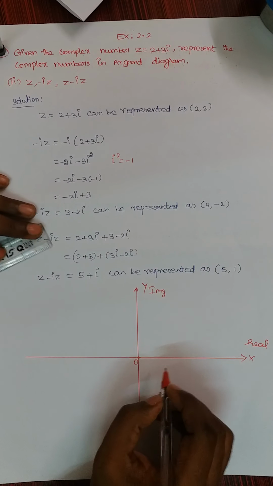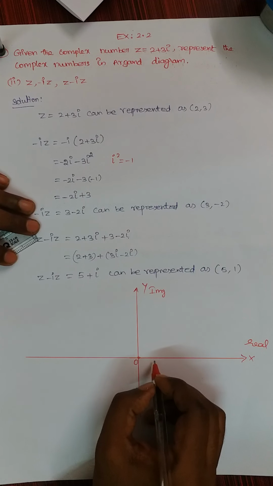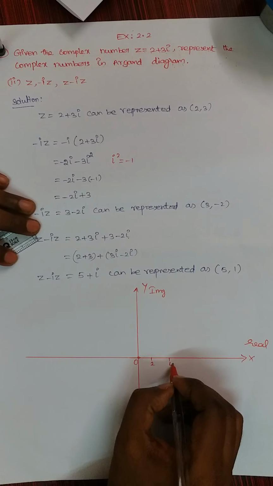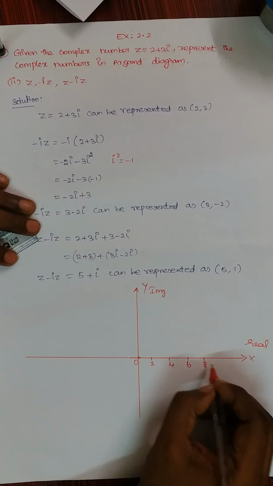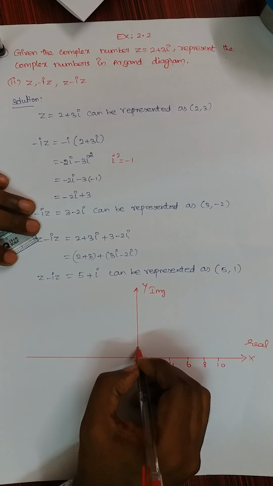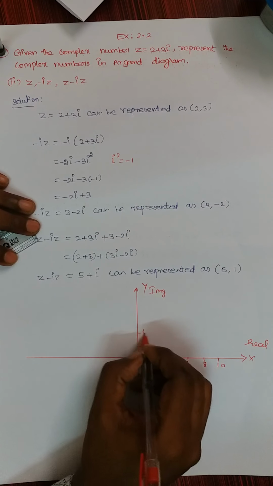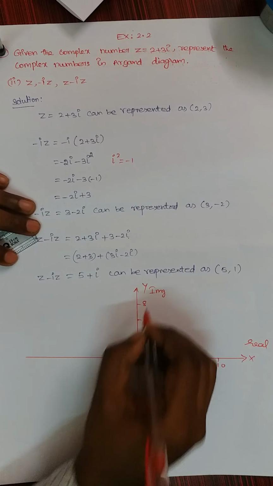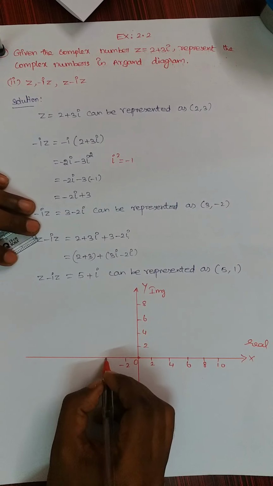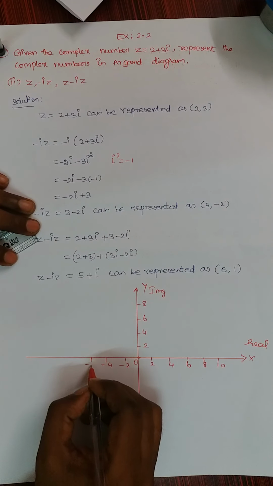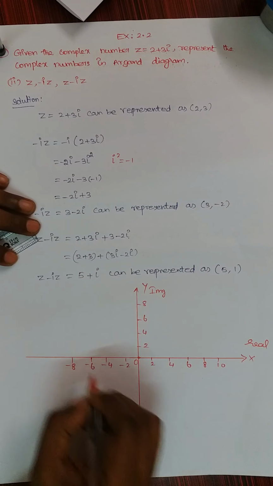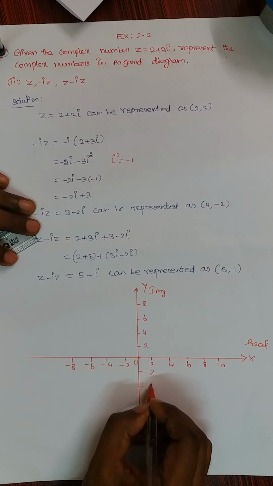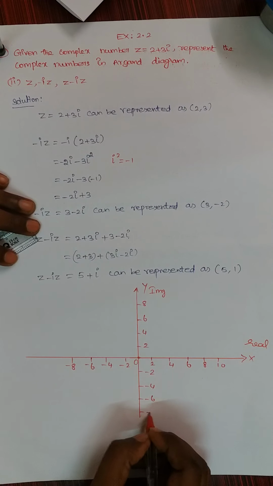I am taking the x-axis in 2 units: 2, 4, 6, 8, 10. The same for the y-axis in 2 units: 2, 4, 6, 8. Here minus 2, minus 4, minus 6, minus 8. Here also minus 2, minus 4, minus 6, minus 8.